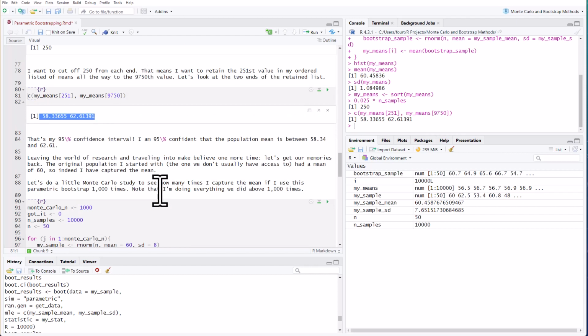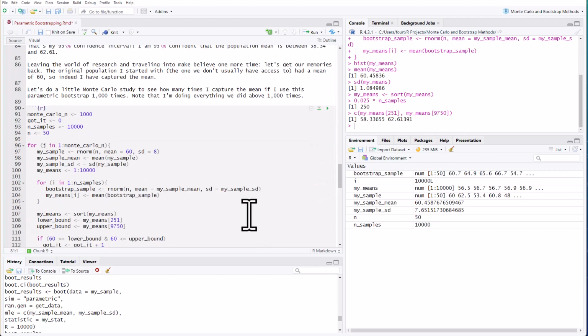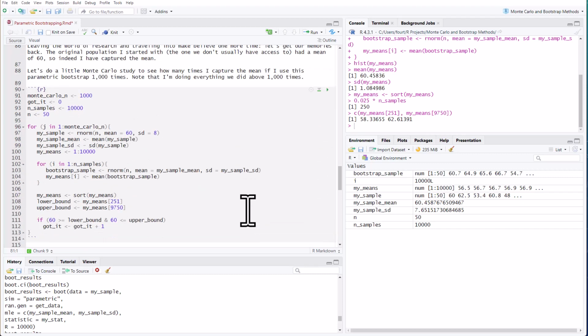This leads me to want to do a little Monte Carlo study. So even though bootstrapping is itself a specialized Monte Carlo, I want to do another kind of Monte Carlo study, the regular kind I'm used to, and see how many times I capture the mean if I use this parametric bootstrap 1,000 times. So I'm going to do everything that we did above.